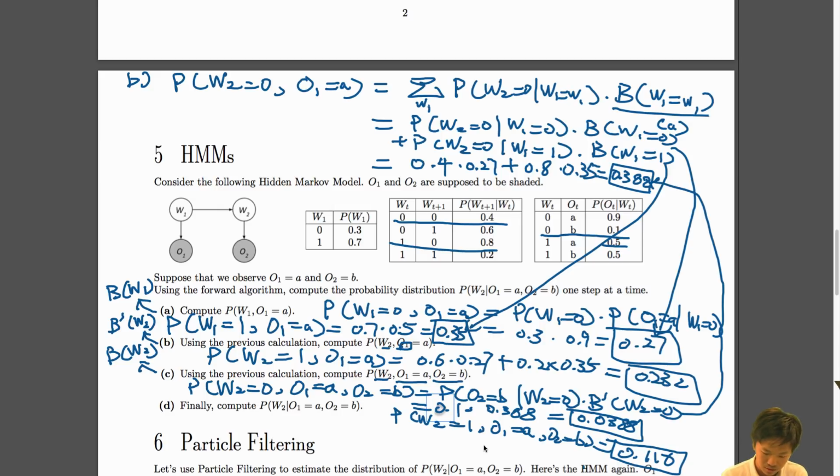So now we have all the parts from A to C. We want to compute a normalized version of the true belief B of W2.